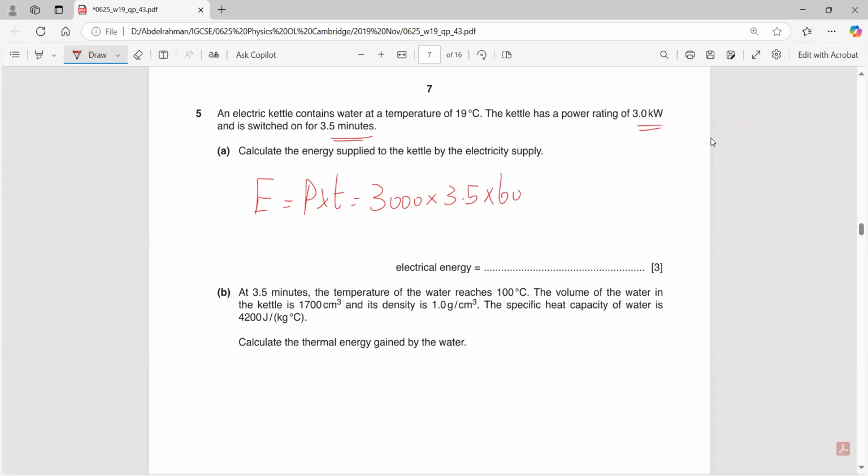So 3000 times 3.5 times 60 is 630,000 joules, or 6.3 times 10 to the power of 5 joules.